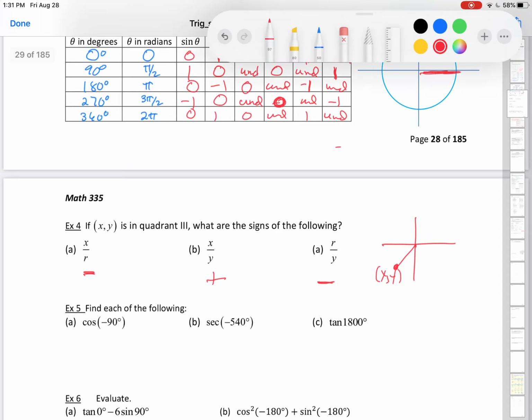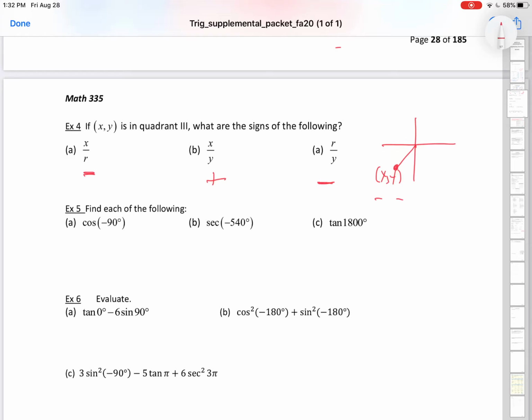Okay, find each of the following. Cosine of negative 90 degrees. Well, let's take a look at what negative 90 degrees is. That's right here. Cosine corresponds to x. We're off 0 in the x direction. Secant of negative 540. Well, where is negative 540? Let's go find it.